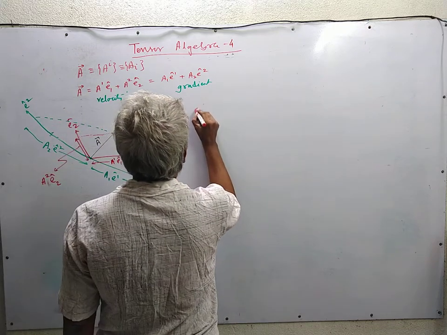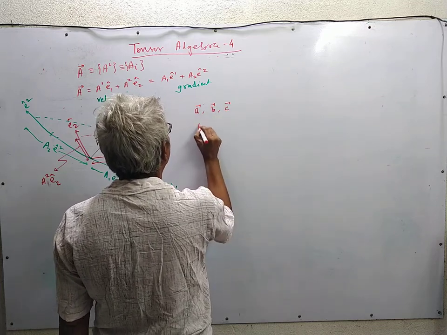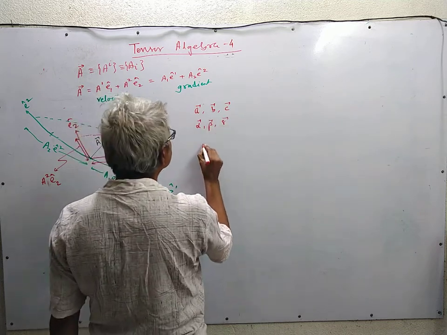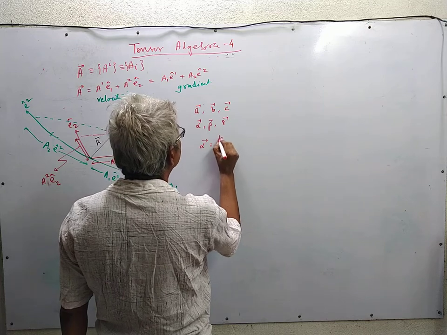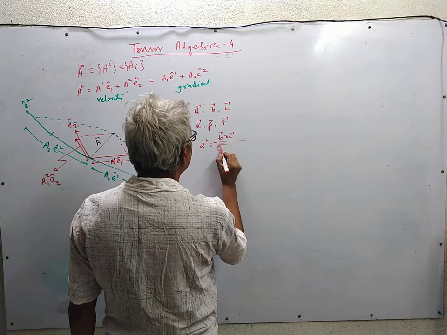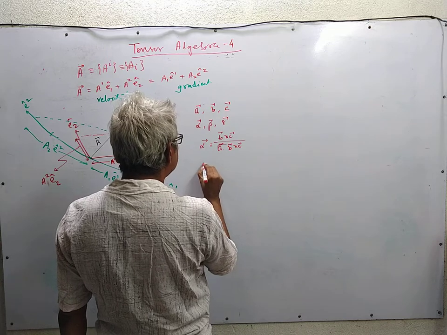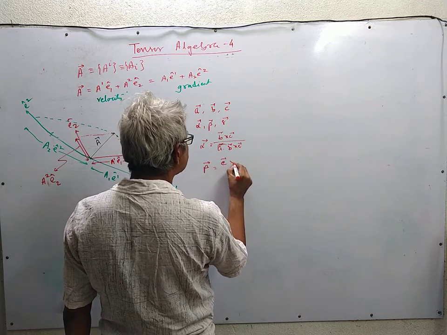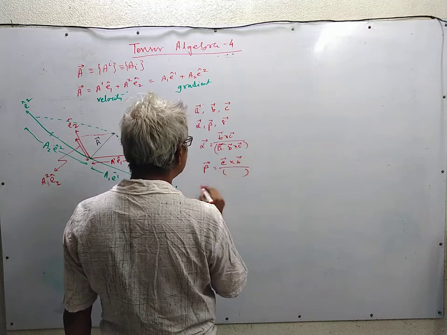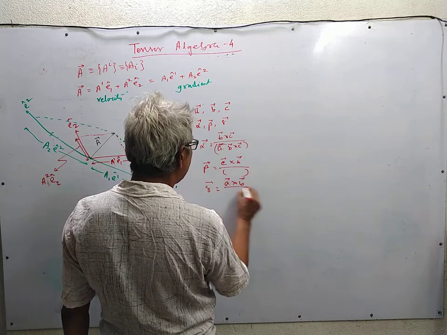Say we have three vectors A, B, C to span a space, then we can define another set called alpha, beta, gamma, called reciprocal, such that alpha is equal to B cross C divided by A dot B cross C. Similarly, beta is equal to C cross A divided by the same thing, and gamma is equal to A cross B divided by the same thing.